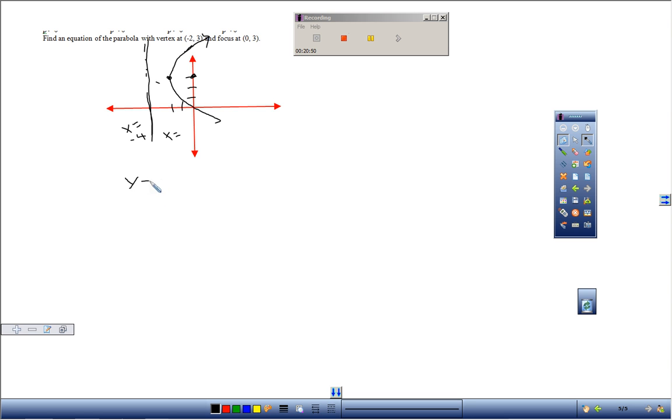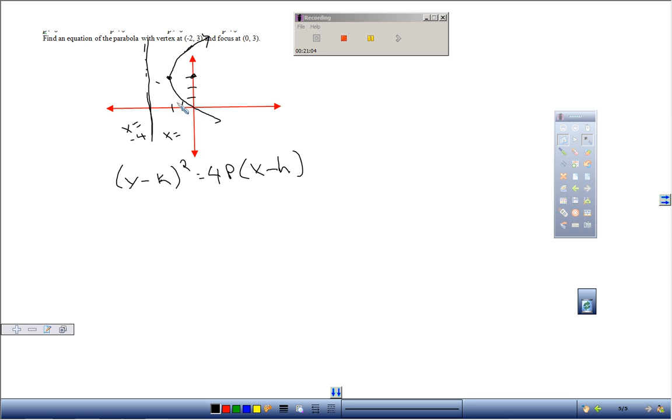So it's going to be an equation of the form y minus k squared equals 4p times x minus h, okay? And in this case, that's a k over there. It's kind of hard to write at my desk.